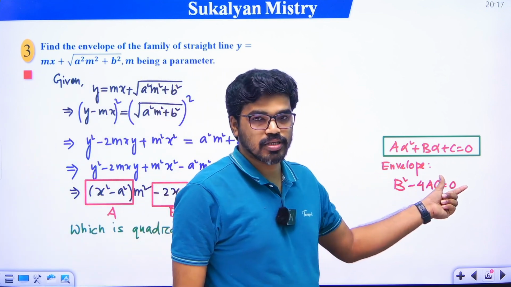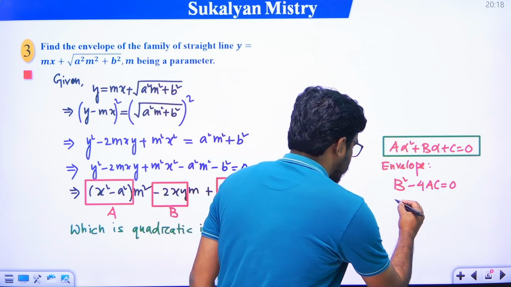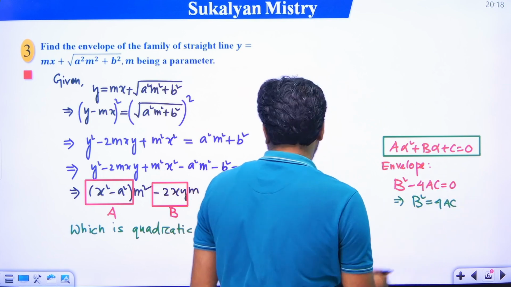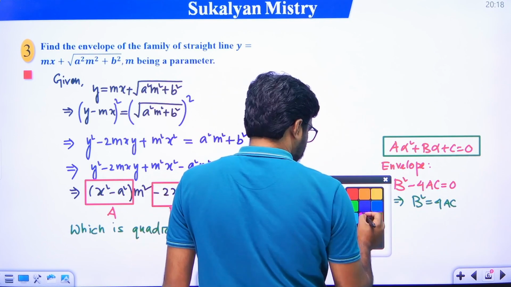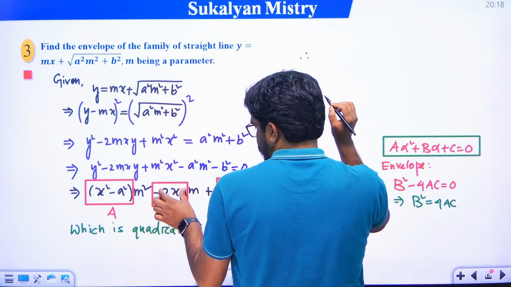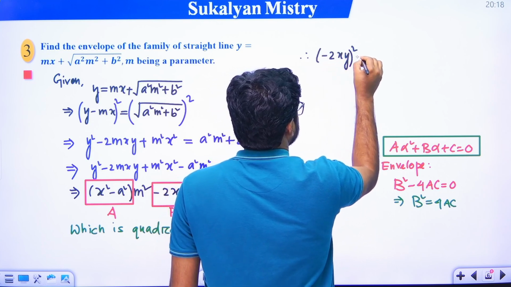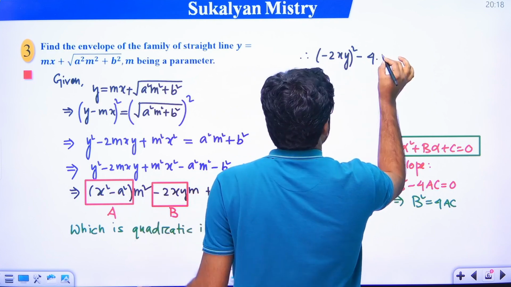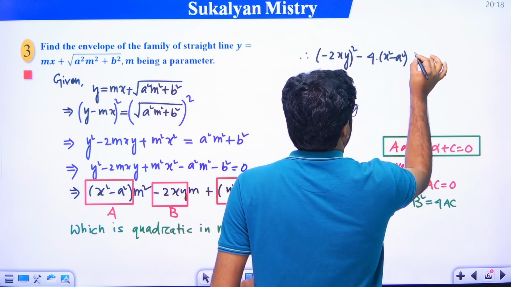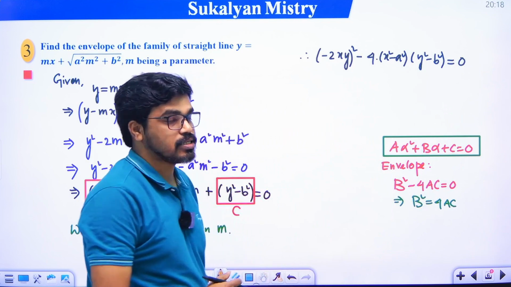So what is the envelope? b square minus 4ac is equal to 0. So that is b square is equal to 4ac. So therefore b square, this b is minus 2xy, b square minus 4ac, a is x square minus a square, and c is y square minus b square, is equal to 0.